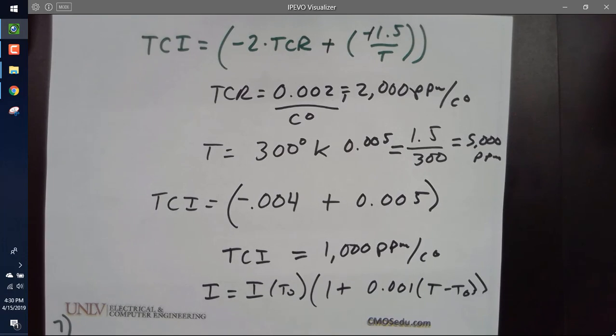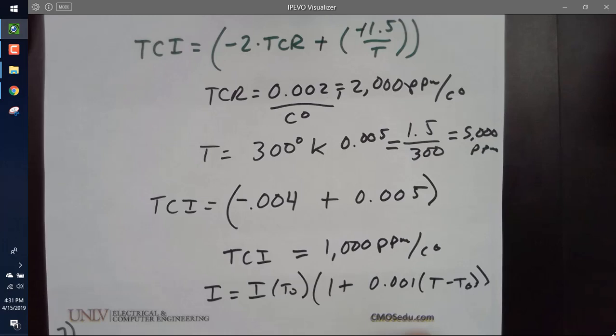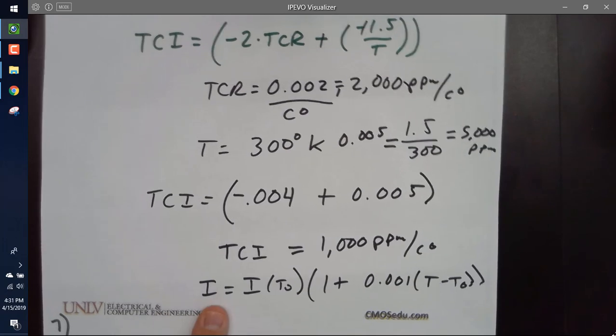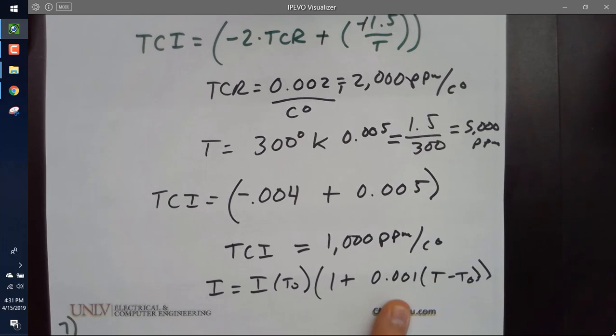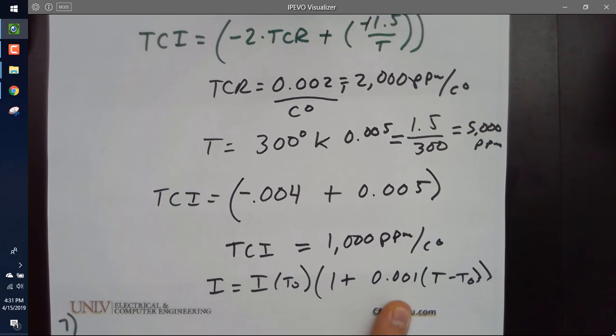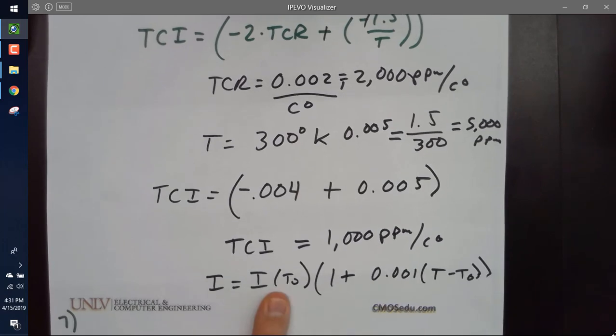Okay? Next thing. If I do the simulation and I look at this, how do I tell if my equation's correct? For example, if I take the derivative of I and I plot that, do I expect to see 1,000 parts per million? No, I expect to see 1,000 parts per million times the current.